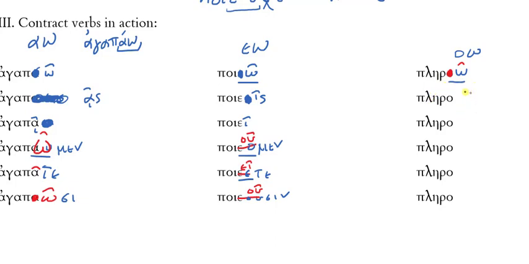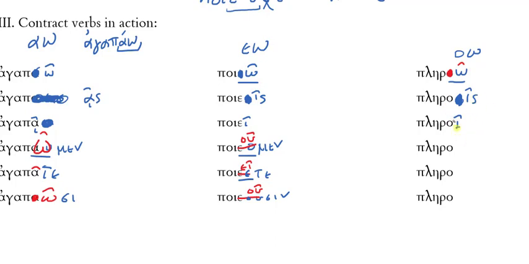I fill. What's the second singular ending going to be? Plero, connecting vowel plus the iota sigma. All right, so pleroeis. And what are we going to get here? Yes, this becomes pleros. So in effect, we lose the epsilon, and we get a long diphthong, oi, with that circumflex. Plerois.